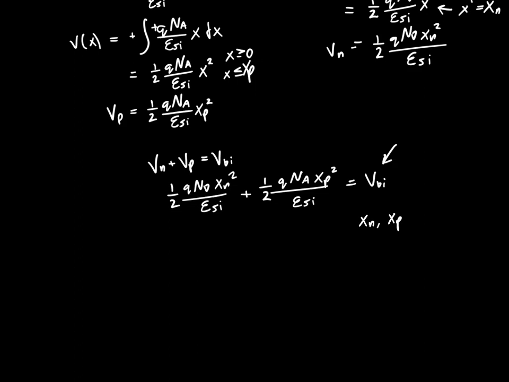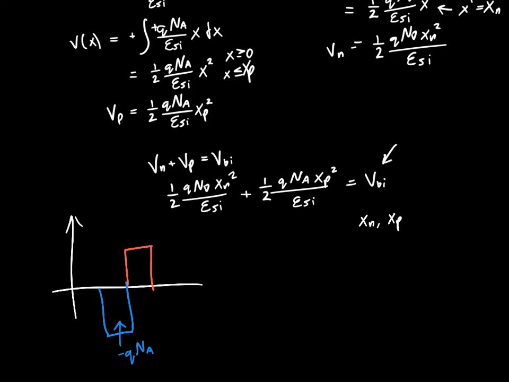Now, the last thing, if we want to solve this equation for xn and xp, remember that our semiconductor is supposed to be charge neutral. So if we integrate this negative charge and we integrate this positive charge, we should get a result of 0. So this negative charge, minus QNA, and this positive charge, QND, they should be integrated to have the same value. Or another way of saying that is QND times xn should equal QNA times xp.